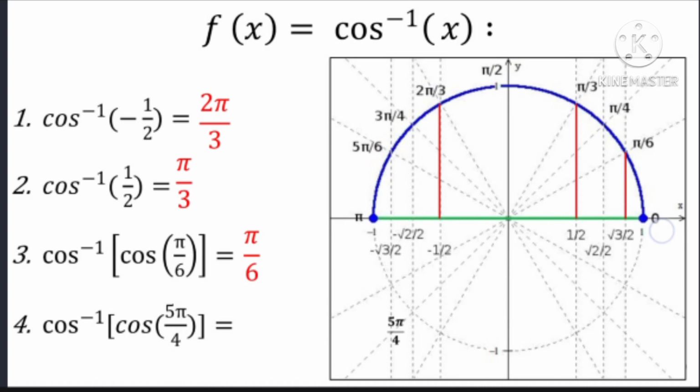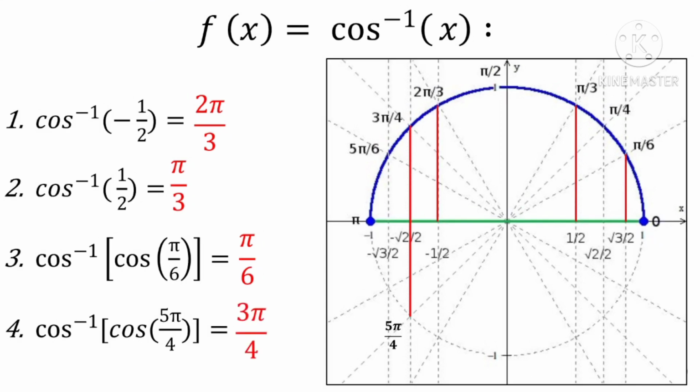Then cos inverse of cos 5 pi by 4. The value of cos 5 pi by 4 is minus 1 by root 2. You can easily find the value of cos 5 pi by 4. Cos of 5 pi by 4 means pi plus pi by 4. So we get a negative value because the angle is in the third quadrant. So minus 1 by root 2, and cos inverse of minus 1 by root 2 corresponds to 3 pi by 4.